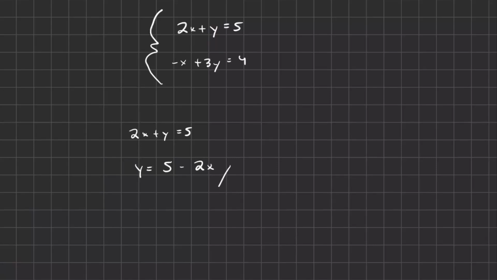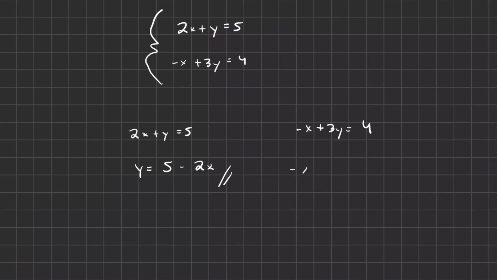Okay, now we have an expression for y, but we need to know what x is before we can get a value for y. So let's take our expression here, negative x plus 3y equals 4, and we'll make this whole equation be in terms of x by replacing this y with the expression we got here.